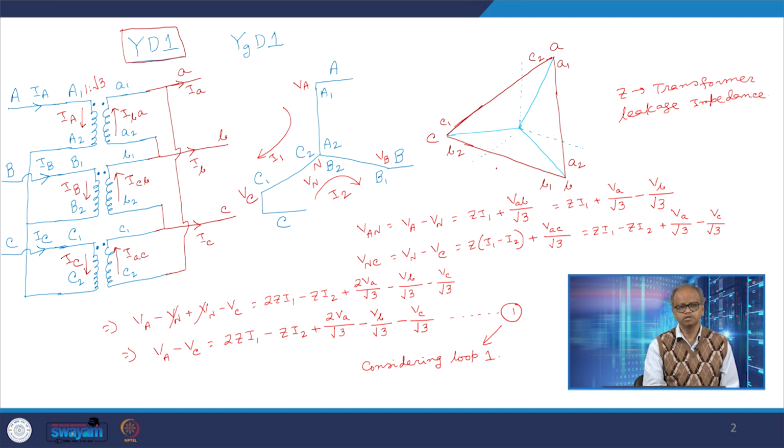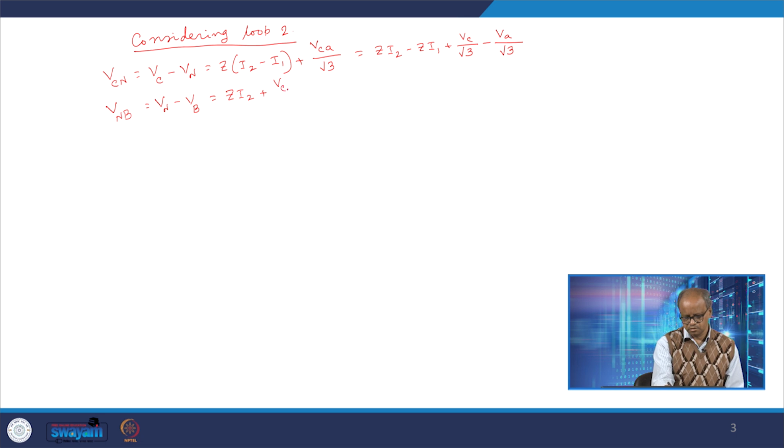Now we have to take into account the reflected voltage from the secondary side, and because this line is parallel to this line, our reflected voltage from the secondary side is VCB by root 3. Therefore it is Z into I2 plus V small c by root 3 minus V small b by root 3.